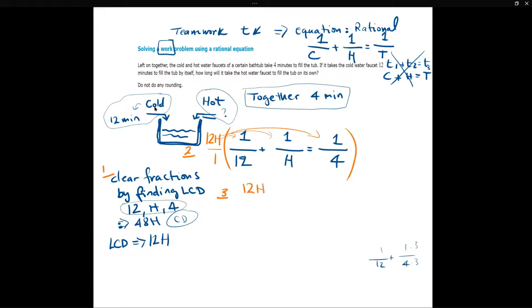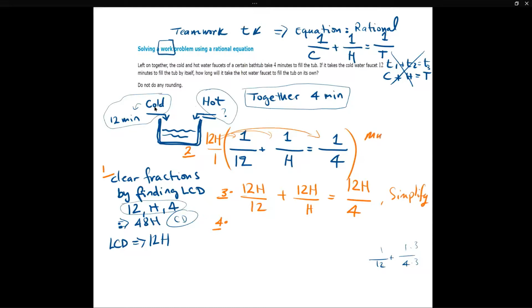So 12H times 1 over 12. 12H times 1 over H. 12H times 1 over 4. The next step is to simplify. Then you will simplify.